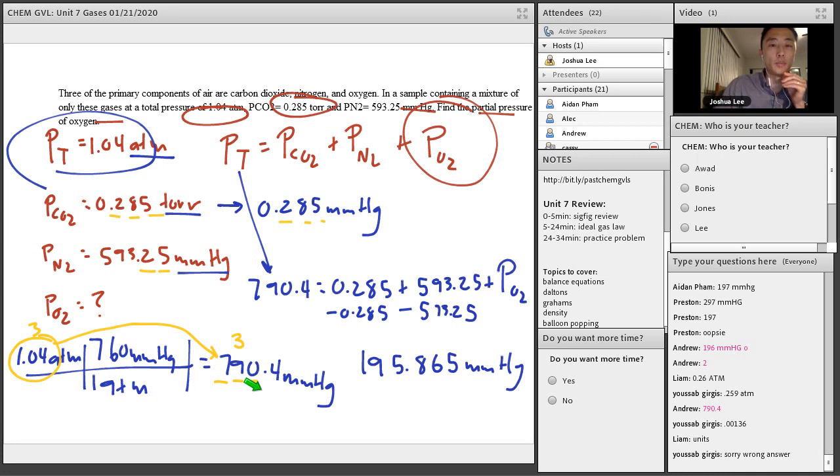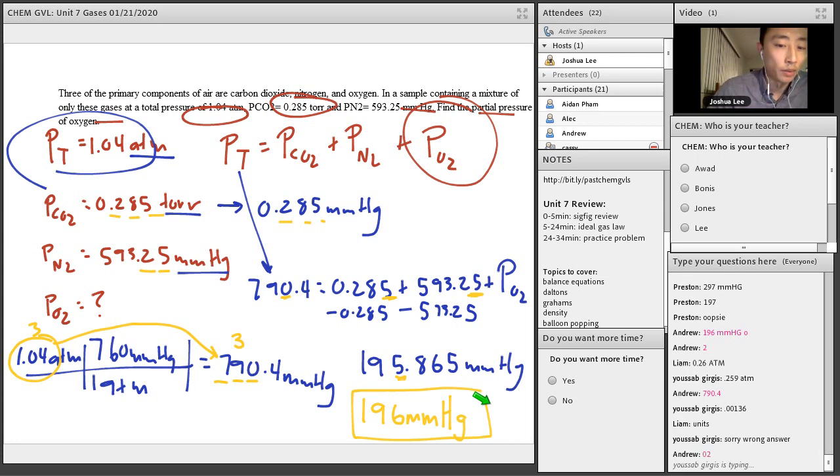Comparing 3 past the decimal, 2 past the decimal, and the ones place, the ones place ends first. So I want my answer in the ones place. My answer would be 196 millimeters of mercury, capital H, lowercase g. And if you did it in atmospheres, you should have gotten 0.259.